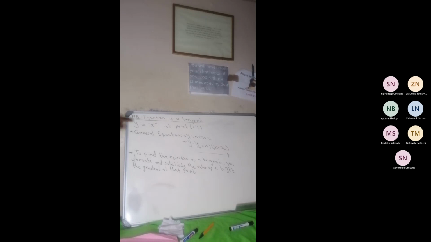So let's go and derivate this guy. Solution. We're going to say dy over dx is nothing but what? 2x.